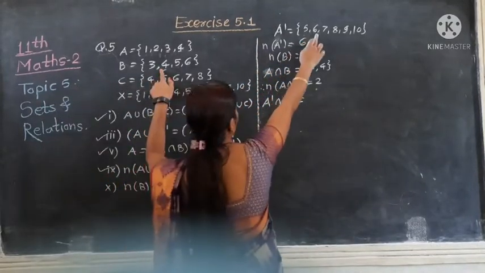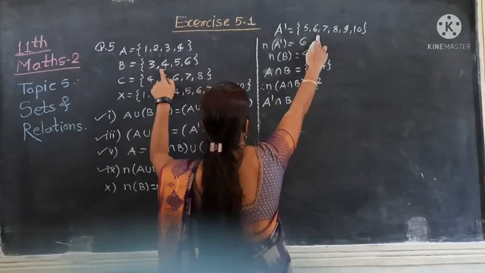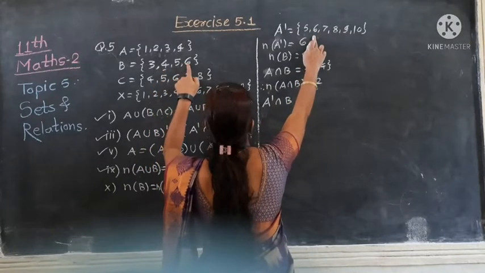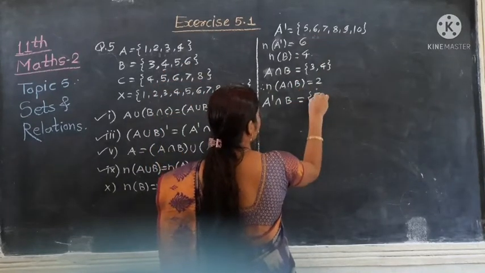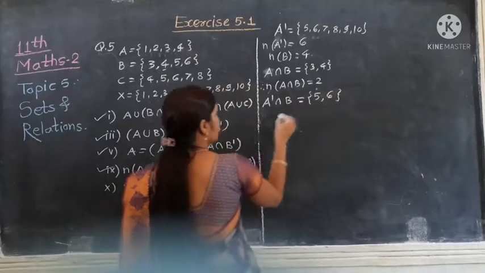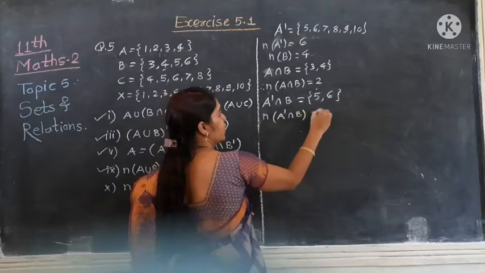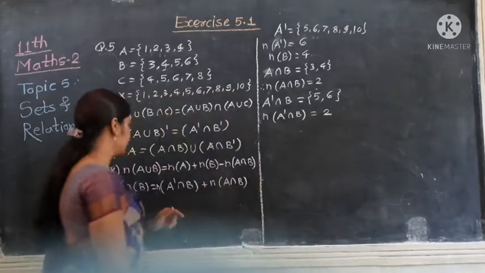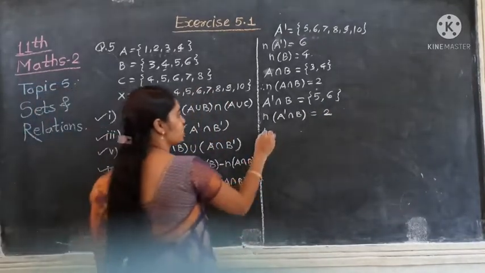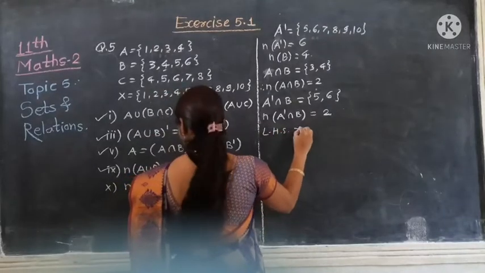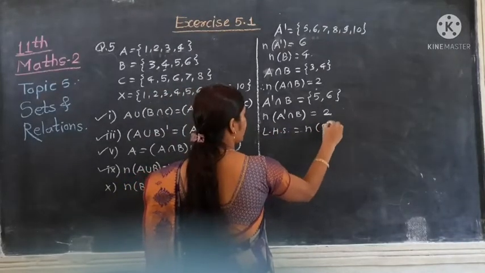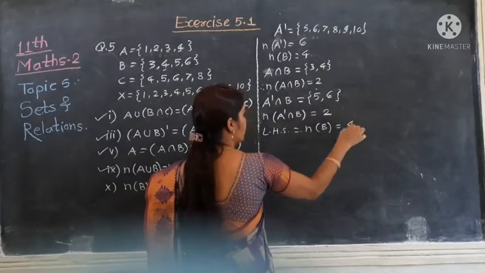Here you observe these two. What are the common elements in both these? 5 and 6 are common. Therefore, n of A dash intersection B. These are the two elements. Now you take LHS. LHS is equal to n of B is equal to 4.